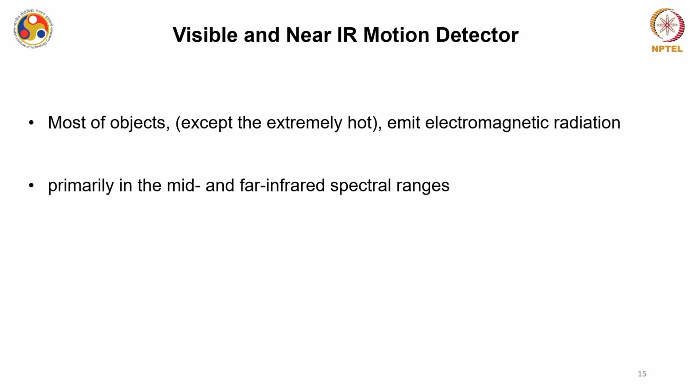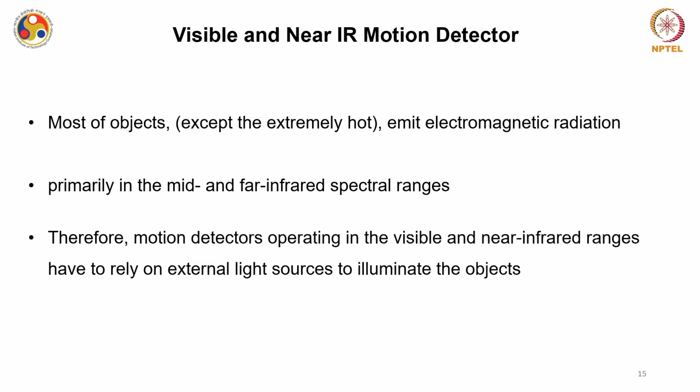Mostly this electromagnetic radiation that is emitted from the object is primarily in the mid and far infrared spectral ranges. Therefore motion detectors operating in the visible and near IR range have to rely on an external light source to illuminate the object, because this object is emitting radiation in the mid and far infrared range. So you cannot rely on the light which is emanated from the object.